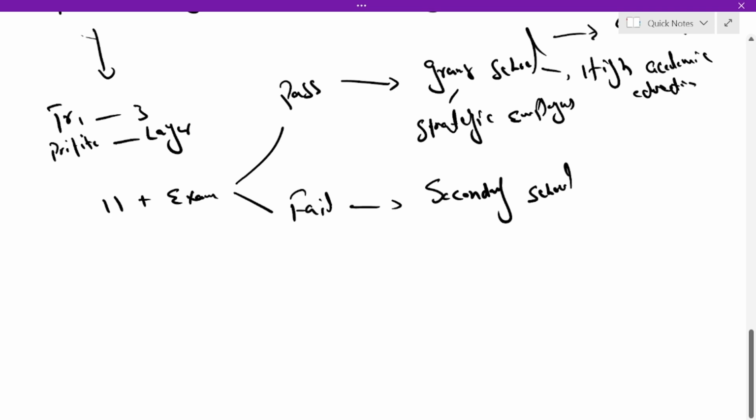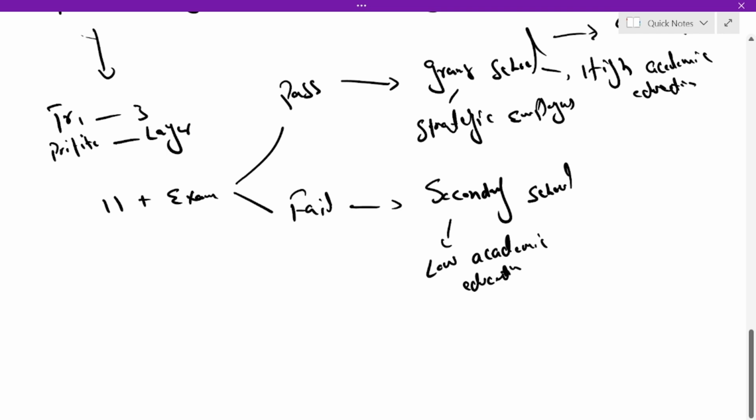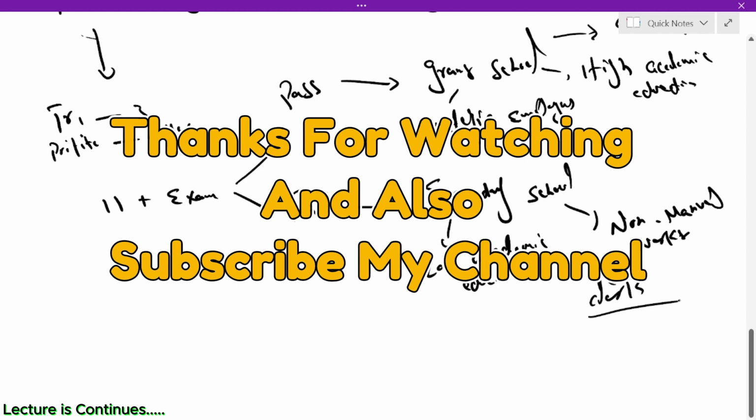In the secondary school, with low academic education, they give you some narrow education and produce non-manual workers, such as clerks. These are the basic jobs you can get when you go into the secondary school.